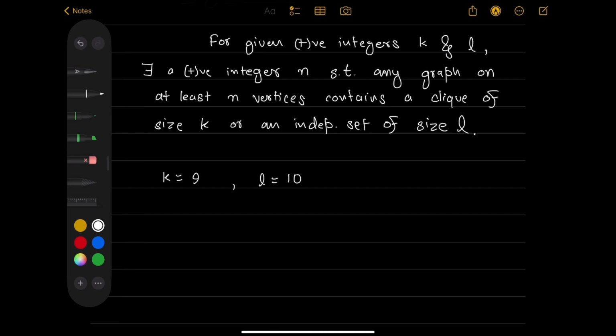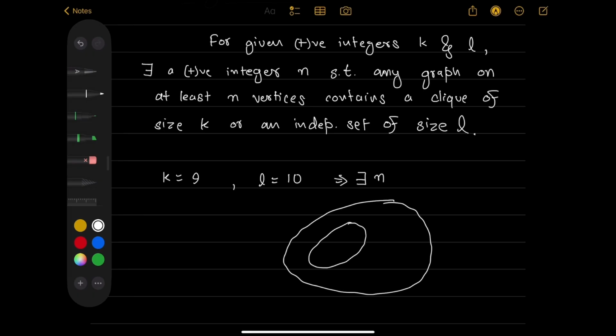Depending upon these 9 and 10, this implies the existence of an integer n, which will be very large, maybe 10,000 or a lakh, such that any graph on n vertices will contain a clique of size 9, or an independent set of size 10.